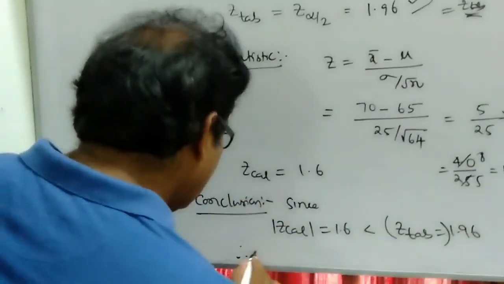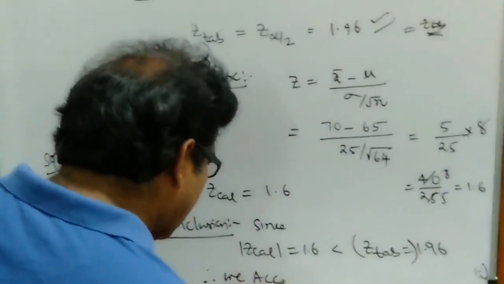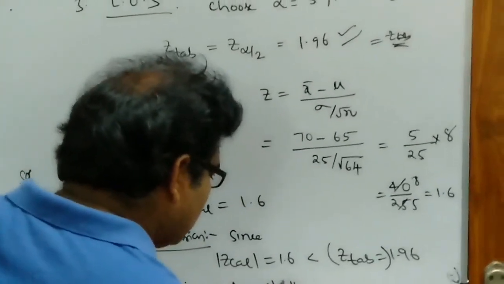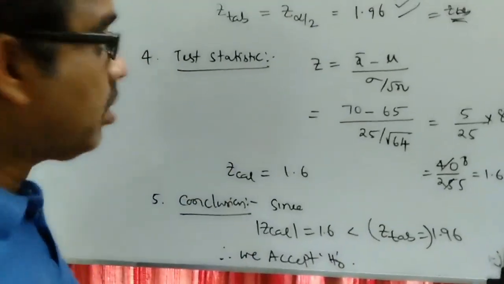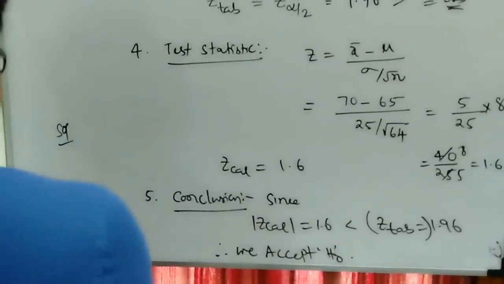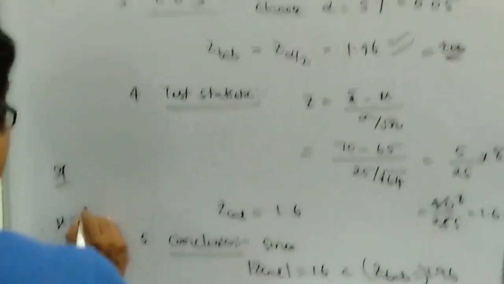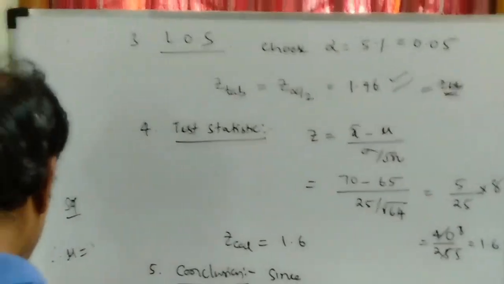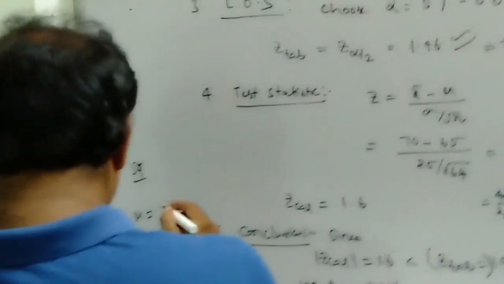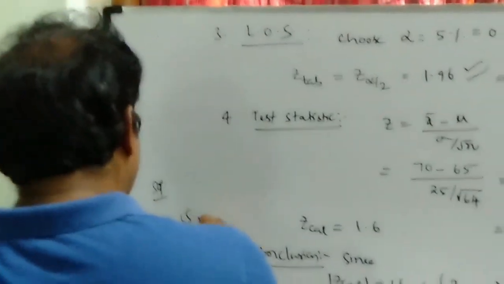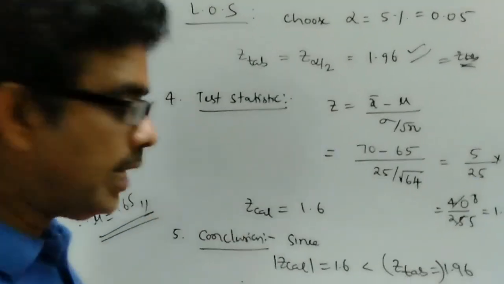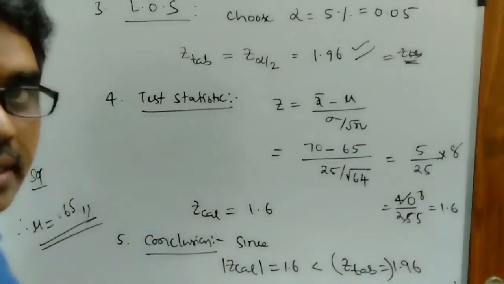What is our conclusion? We accept H naught. What is our H naught? Mu is equal to 65, which is our assumption. This is the accepted population as far as the sample is concerned.